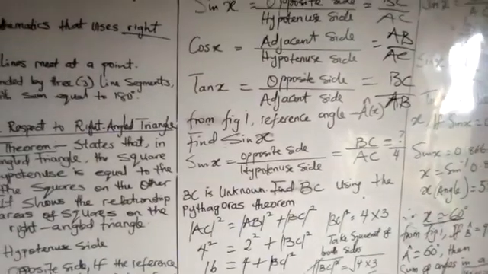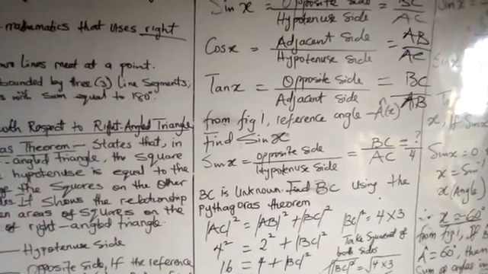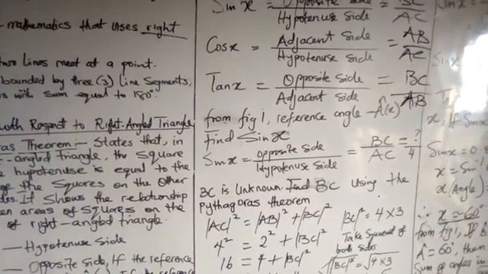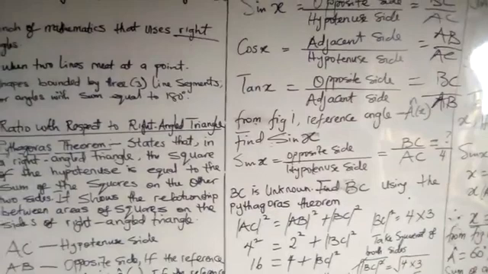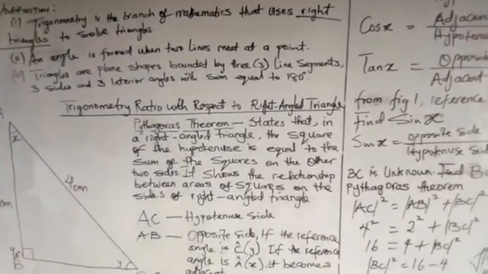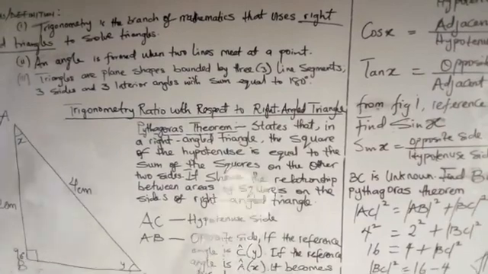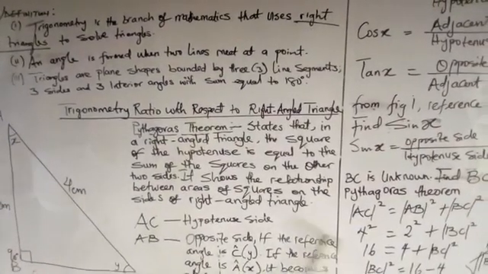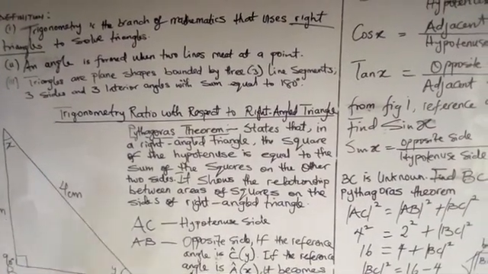All these things depend solely on the reference angle. By the time you change the reference angle from X to Y, it will change the naming of each of those sides.